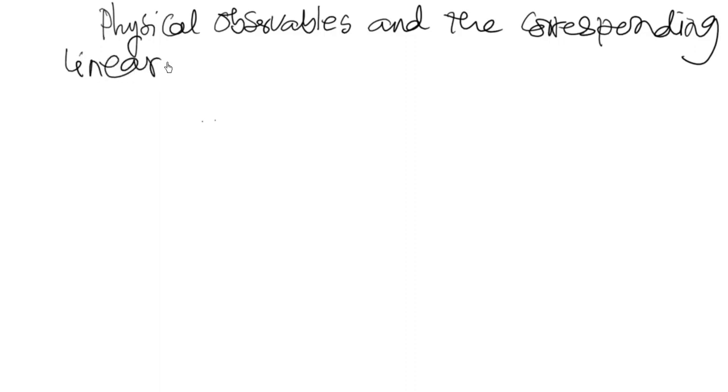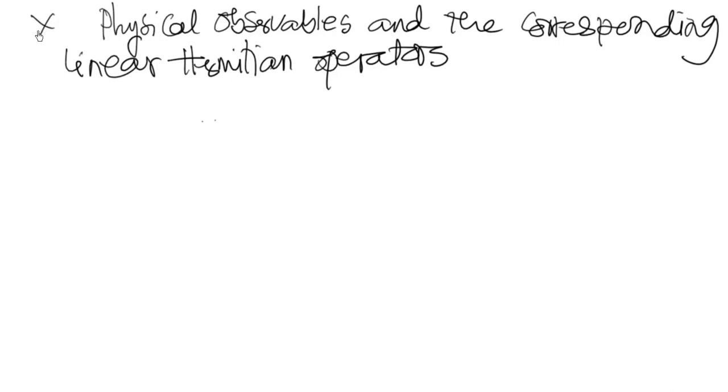In this lecture, we shall study some physical observables and the corresponding linear Hermitian operators. The first one is the position.